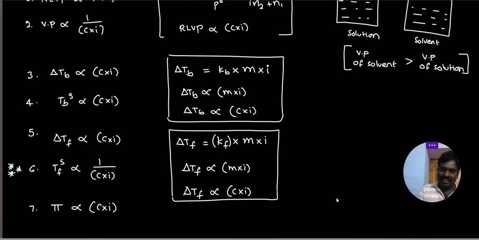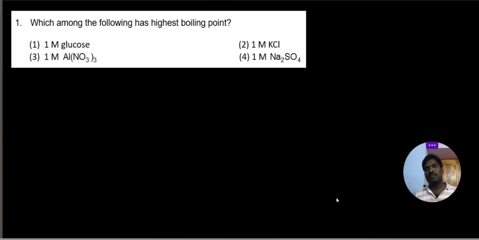Now I will discuss 4 important questions. Which among the following has the highest boiling point? Here it is asking the boiling point of the solution, not the elevation in boiling point. Of course, elevation in boiling point and boiling point are both directly proportional to C into i. Clear? Now option 1.